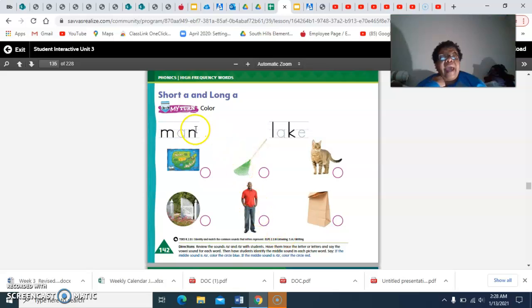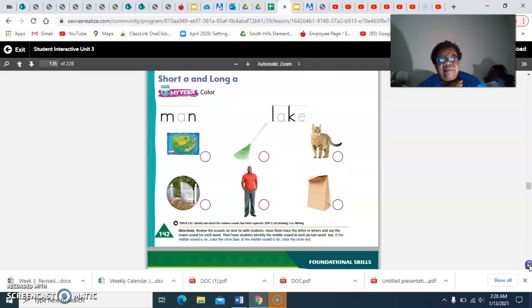So when we have the short A sound like man, you're going to color each one blue that you find. Then when you have long A, you're going to color it red. So you have to say each one of your word pictures slowly so you can figure out which color you need.